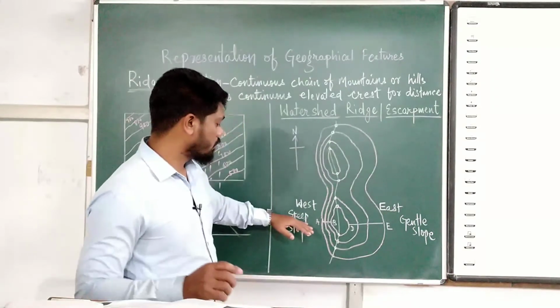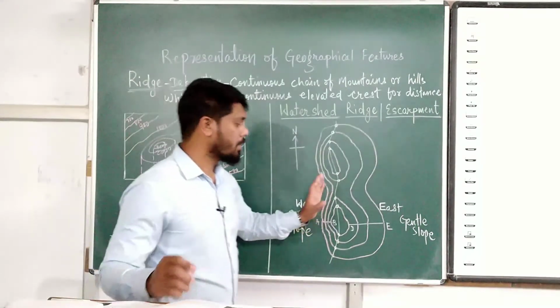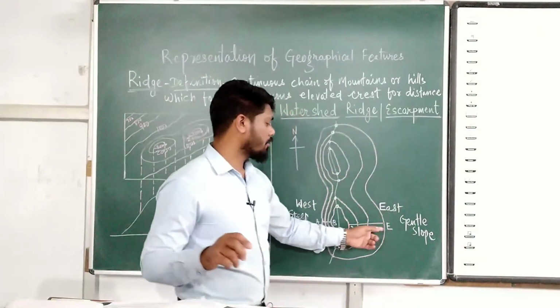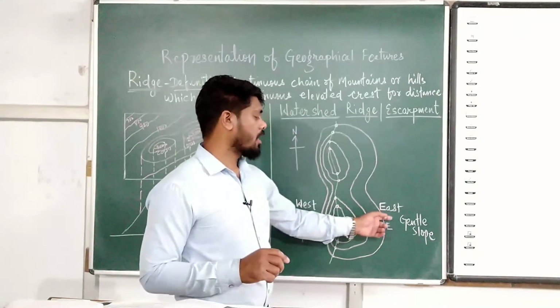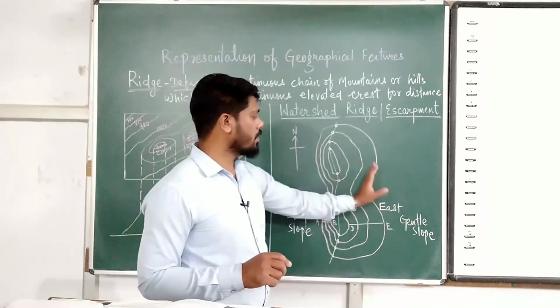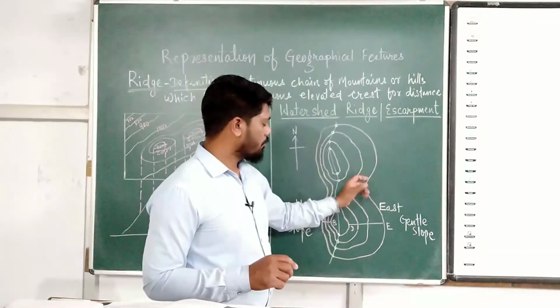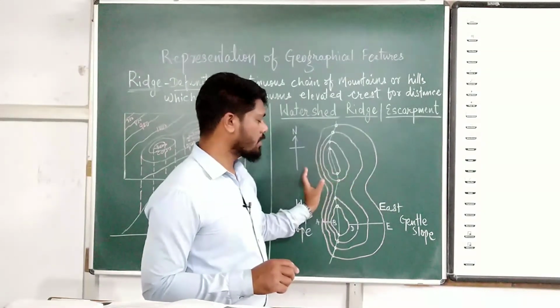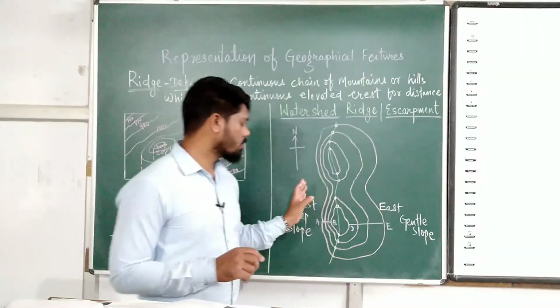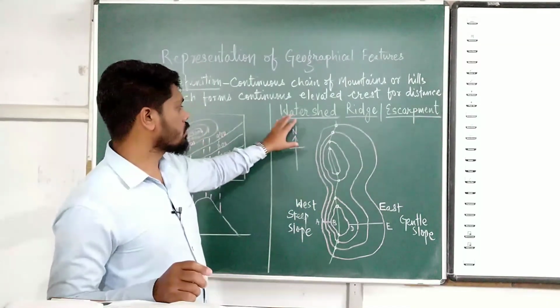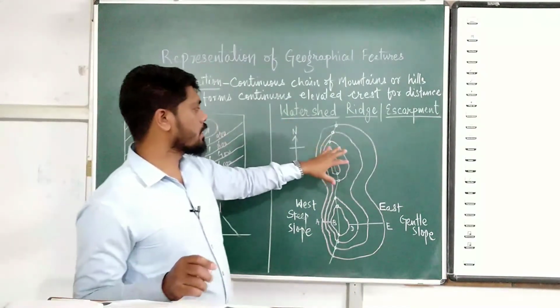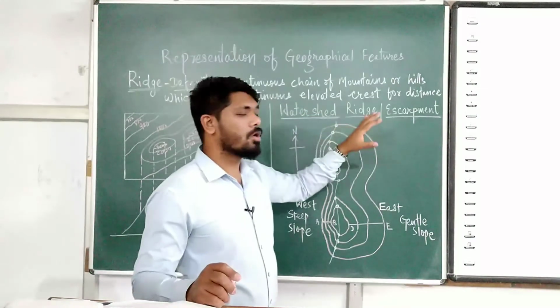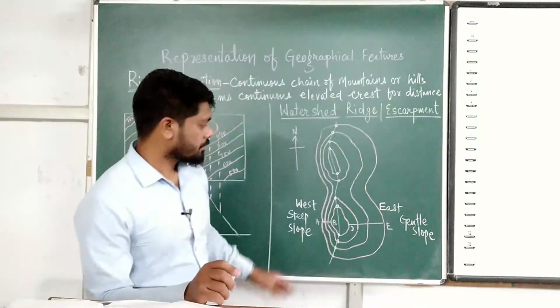We know that it is a steep slope, but on the east side, as the contours are far away from each other, they have a gentle slope. So one side has contours far apart, and one side has contours close together. In that term, we understand that this is a watershed ridge or escarpment.